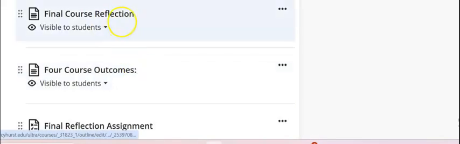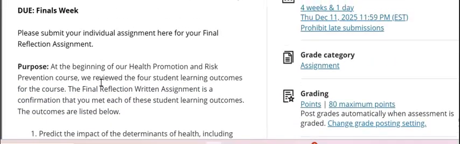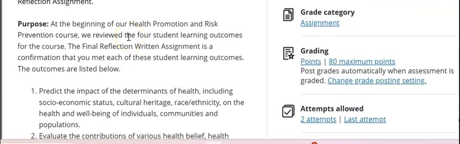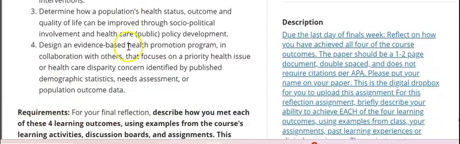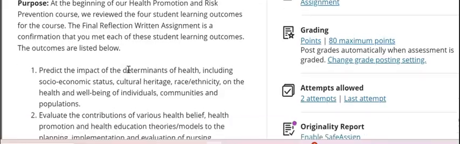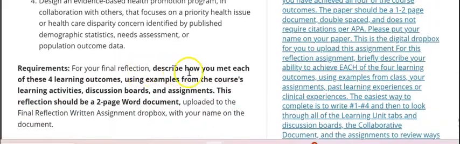So those are the outcomes. Next is the actual assignment. And again, you have to submit it by December 11th. It's a review again of the 4 outcomes, and you're going to describe how you met each of these 4 learning outcomes.